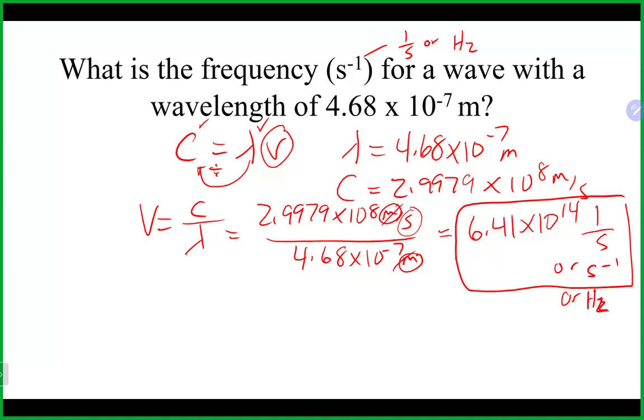Most commonly you're probably going to be given a frequency in reciprocal seconds like that. But second to that, you also are very commonly given frequency in terms of hertz, or some version of hertz, for example megahertz, like your radio, and mega is 10 to the 6. So you would have to convert it to just plain hertz at that point.